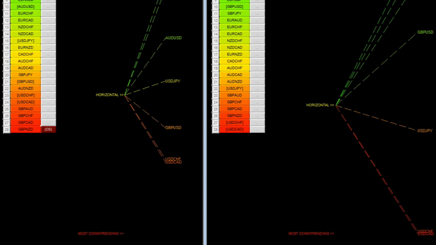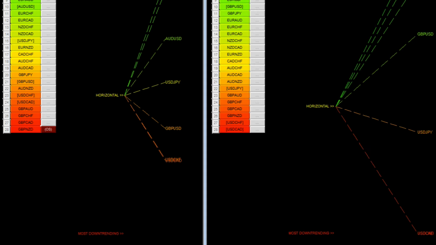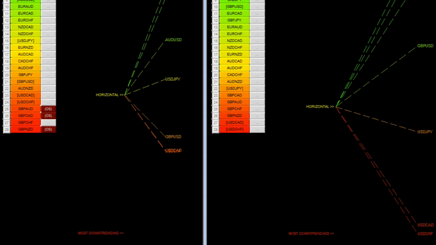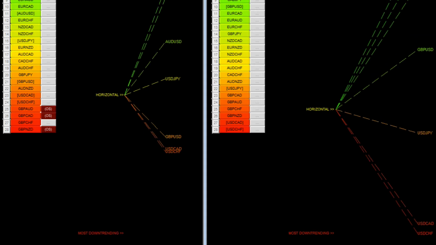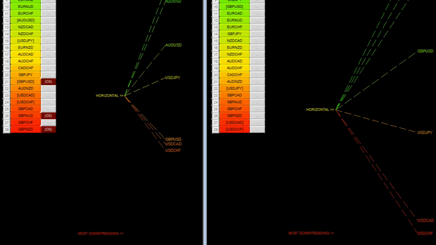In other words, the array moving from where it is at the moment, starting to rotate back towards the horizontal for those pairs, which will then signal that we have dollar buying coming into those currency pairs as well, supporting our view, our trading ambition in terms of the dollar CAD.